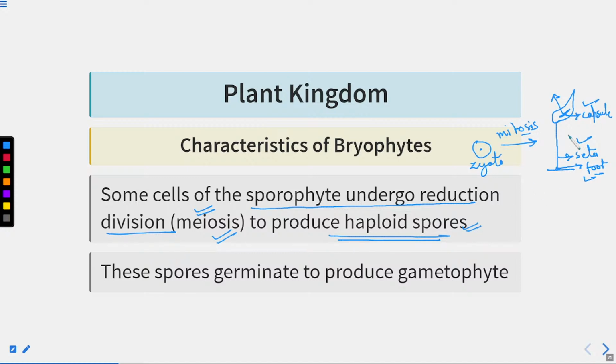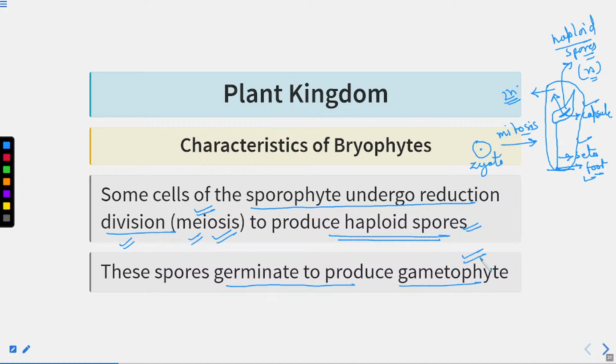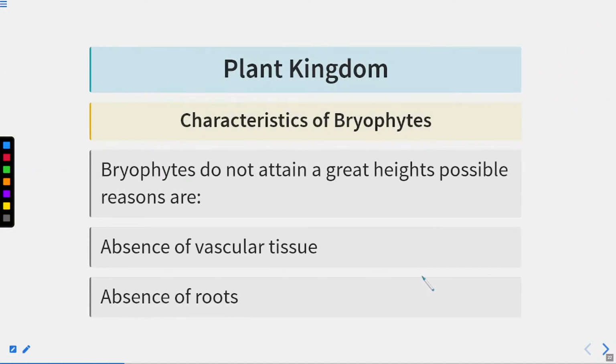So the whole sporophyte structure is diploid, 2n, but some special cells in the capsule undergo meiosis division, that is called reduction division, and it forms haploid spores, n. Right? So these spores germinate to produce gametophyte again. So bryophytes do not attain a great height.